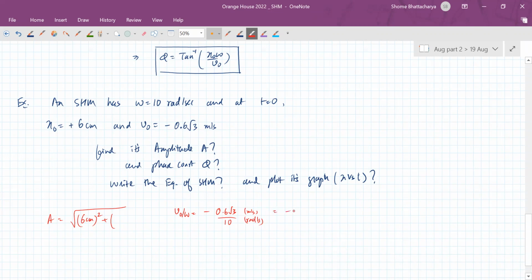So this is minus 0.06 root 3 in meters, so that is minus 6 root 3 centimeters. We use this formula. You'll see it will be 12 centimeters. The amplitude is 12 centimeters.